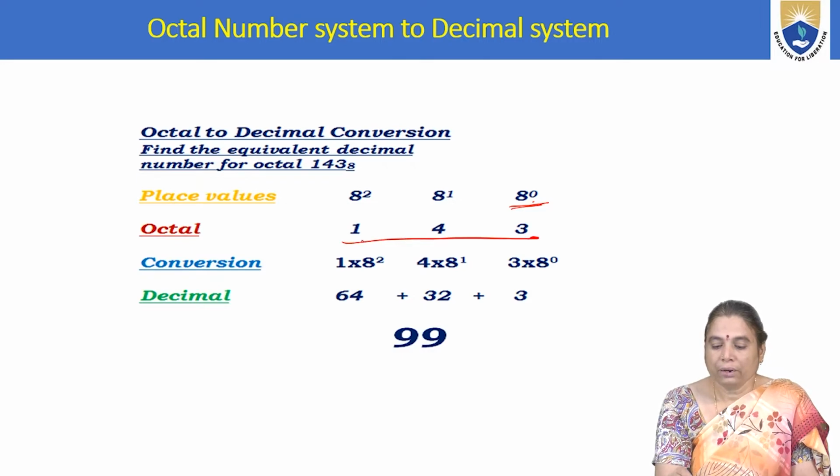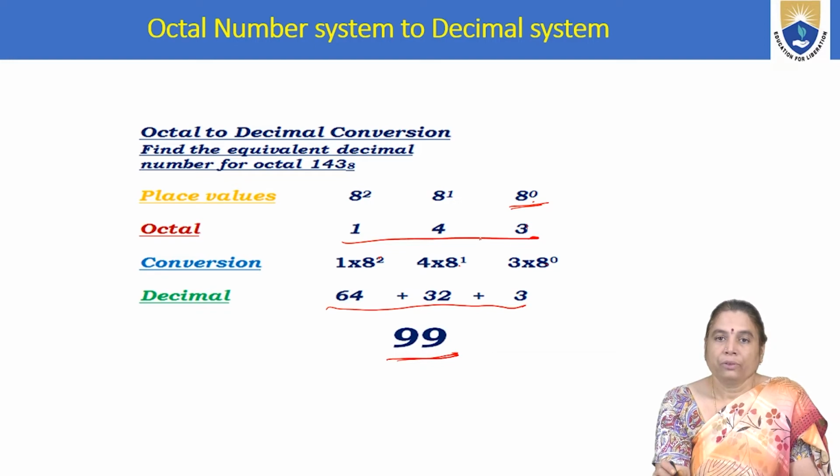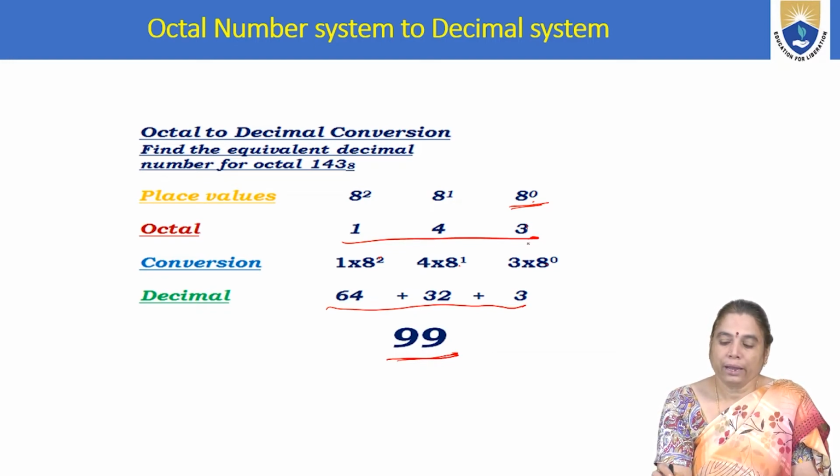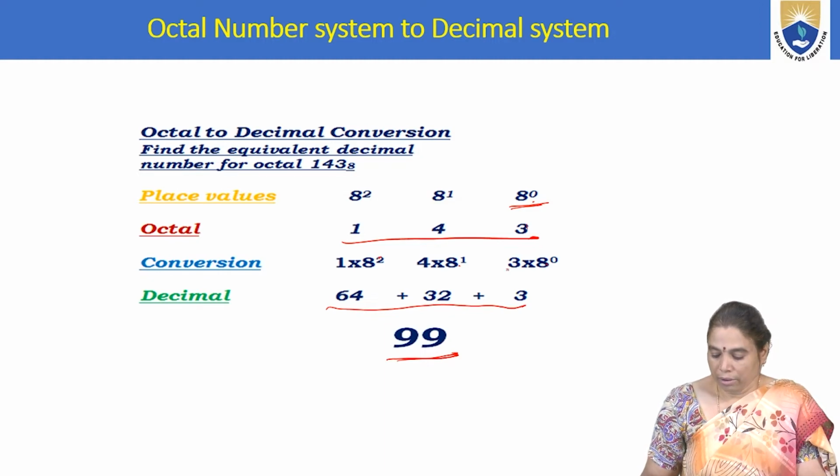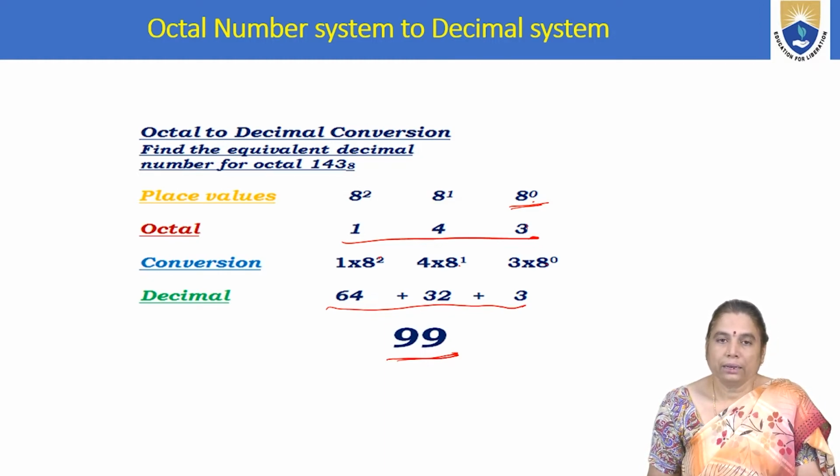In order to convert this: 1 into 8 power 2, 4 into 8 power 1, 3 into 8 power 0. And the terms have to be added in order to get the decimal equivalent of octal number 143. So the octal number has base value 8, so 8 positional values are used in octal to decimal number conversion.